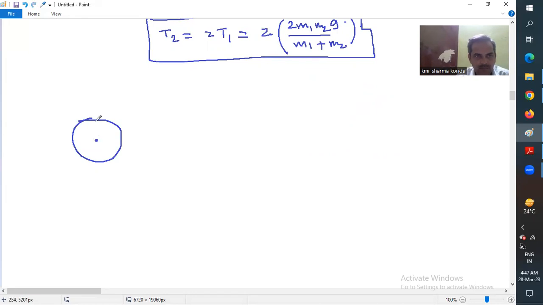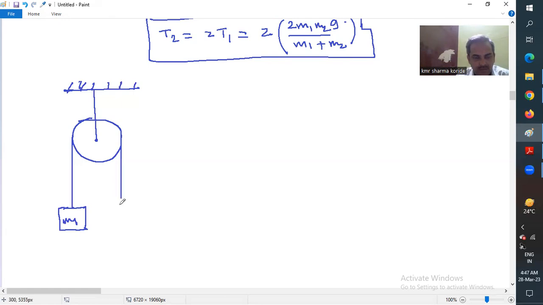So the center of the pulley and the rigid support are connected by a string. The string passes over the pulley. So there is a body of mass M1 connected on the left side, and there are two bodies connected on the right side.